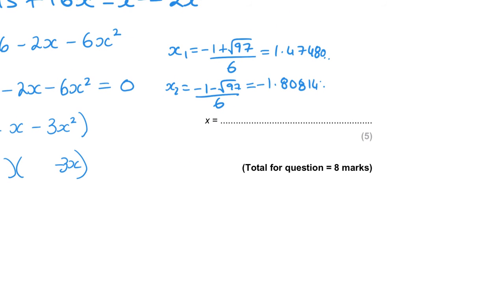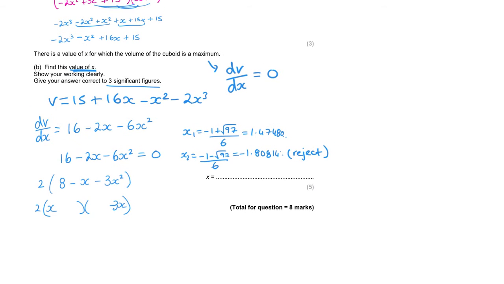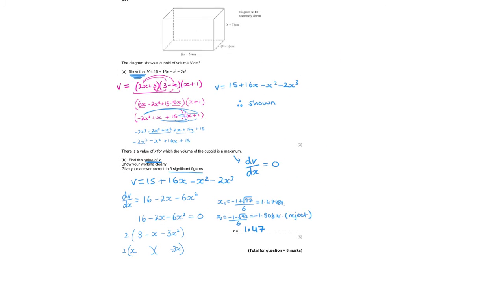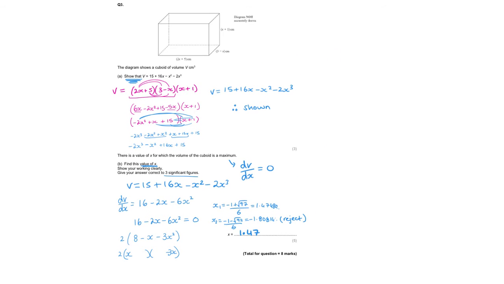We can't have a negative length. You either have 0 length or positive. So we reject the negative, and the positive to 3 significant figures is 1.47. And there we have 8 marks.